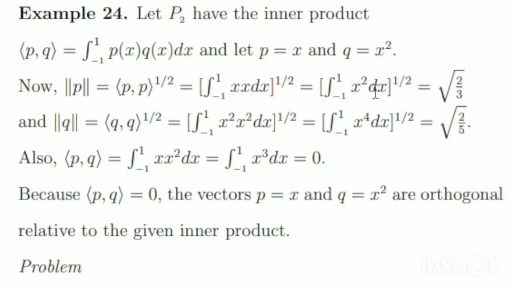After calculation, we can see that it is root of 2 by 3, and norm of q is inner product ⟨q, q⟩ raised to 1 by 2, which you will get as root 2 by 5. So inner product ⟨p, q⟩ is integral from -1 to 1 of x times x square dx, which is equal to 0. Since this inner product is 0, it is orthogonal relative to the given inner product.